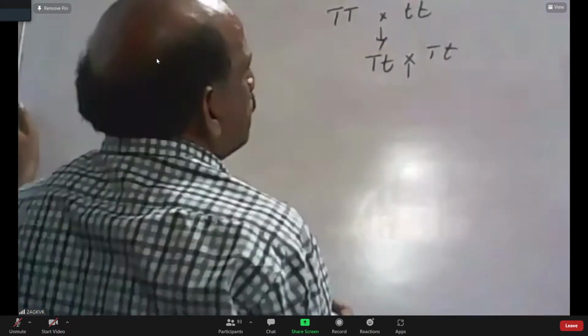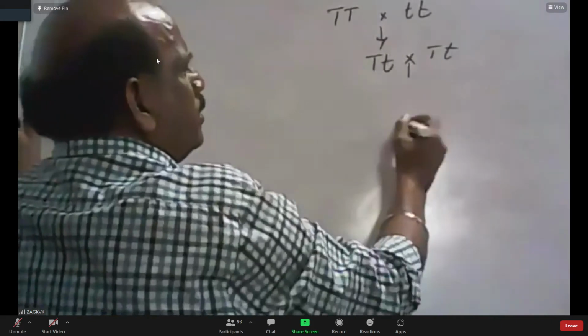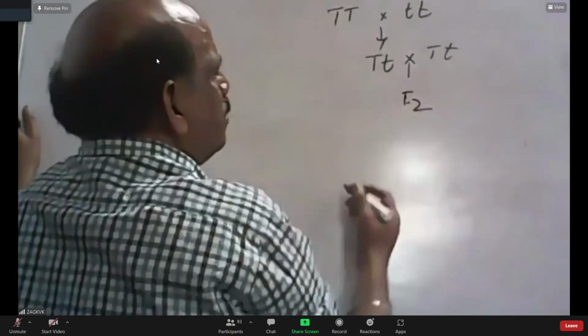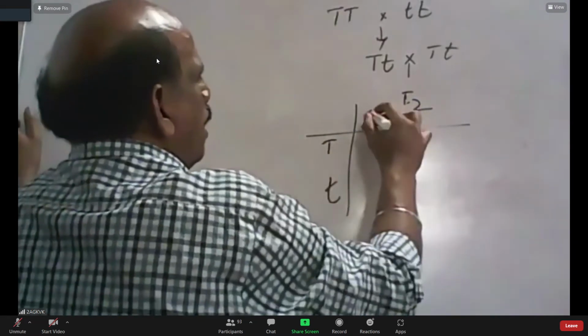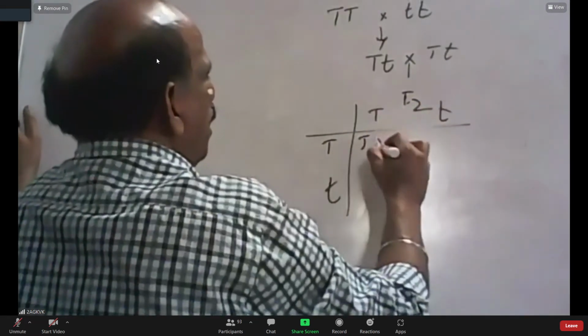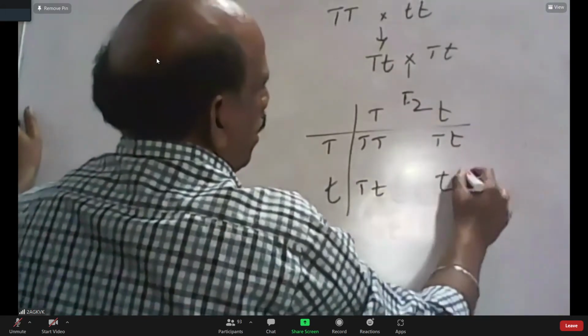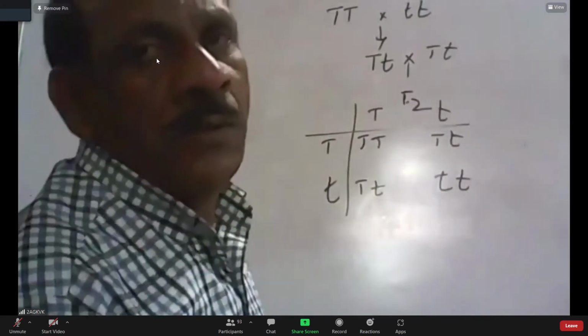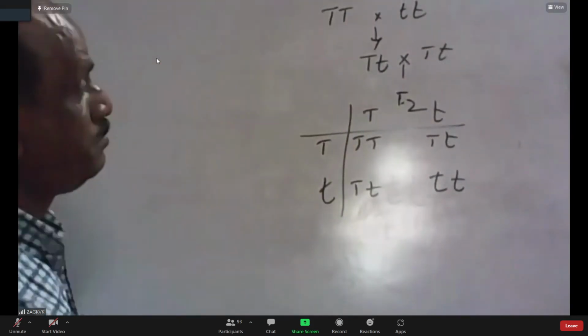This is an F2, right? When you make a cross between two heterozygotes, what you derive is an F2. So what Mendel did was, he wanted to confirm the inheritance of these plants.